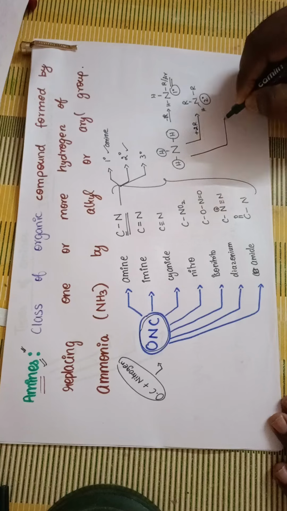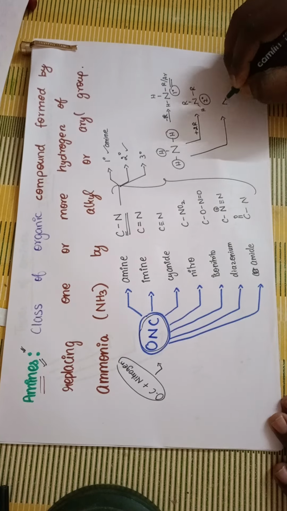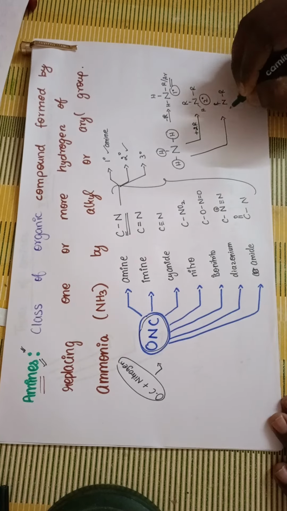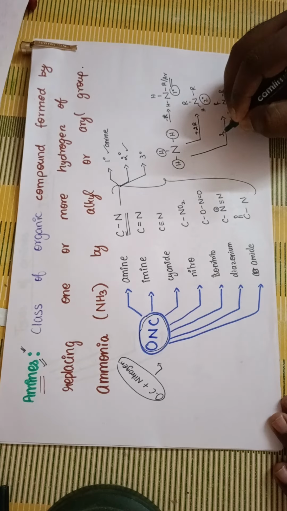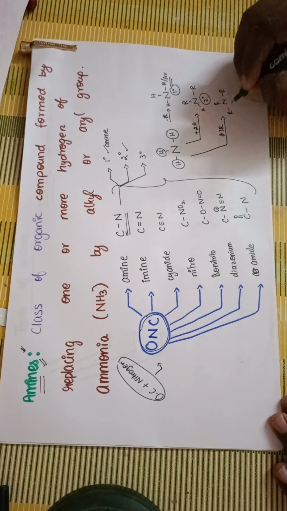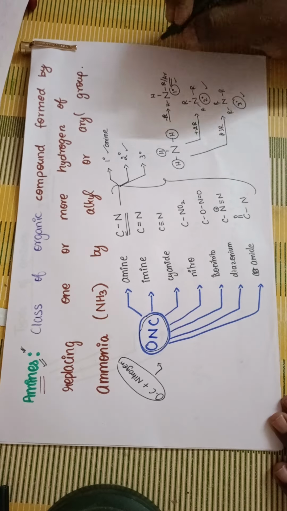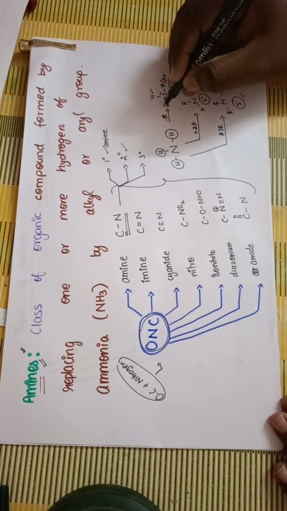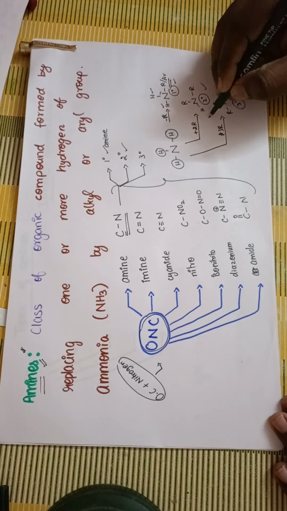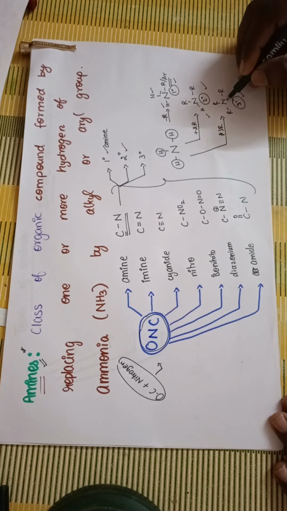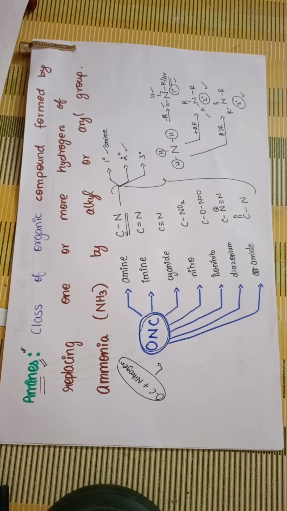If all 3 hydrogens of ammonia are replaced by alkyl or aryl groups, it forms a tertiary amine. In primary amine, the nitrogen is bonded with 2 hydrogens. In secondary, nitrogen is bonded with only 1 hydrogen. In tertiary, there is no hydrogen directly bonded with nitrogen.